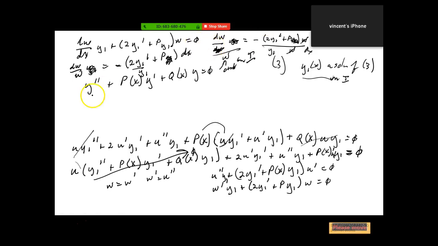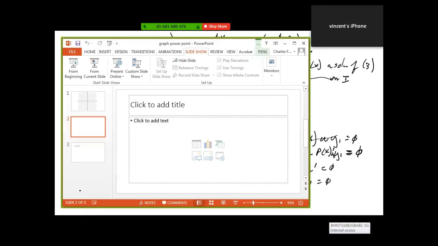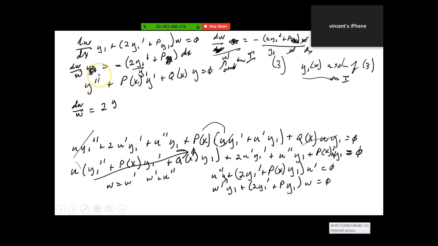I'm going to rewrite this up here as dw over w is equal to 2y, and it should be a minus. Oh, no, they've moved it back to the other side. So rather than equal to, they're putting it plus. Can't quite figure that out yet. I mean, why, but it's a legal move. I just don't know why they did it. So I'm trying to get my eraser. It's been hard to get it today, and there it is.